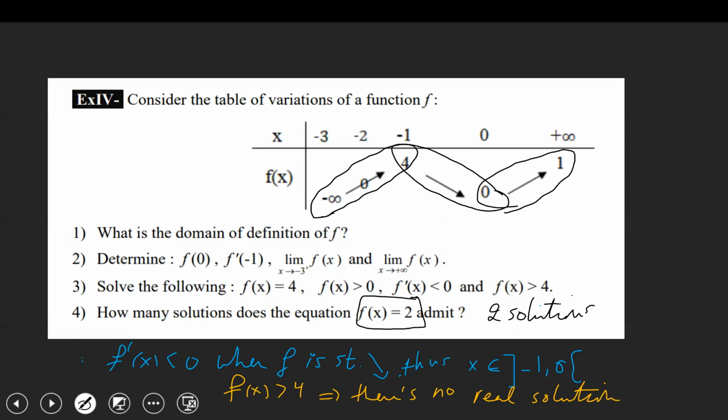If you are answering in the exam you have to explain this. How do you say it? When f is increasing, as f increases from -infinity to 4, it admits one solution.